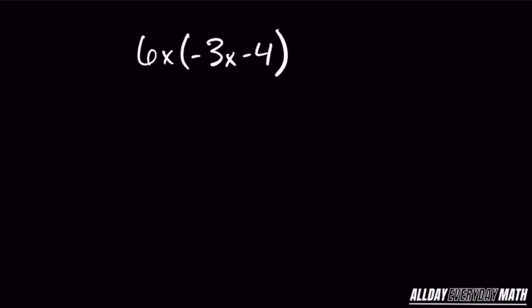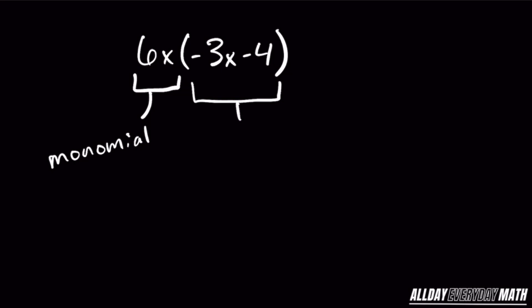Our first term, the 6x, is only one term, and so that is called a monomial. Mono meaning one. Inside the parentheses, we have negative 3x minus 4. That is a binomial, obviously, because there are two terms. So in this specific example, we are multiplying a monomial times a binomial.